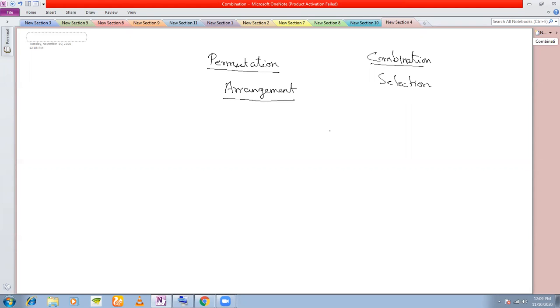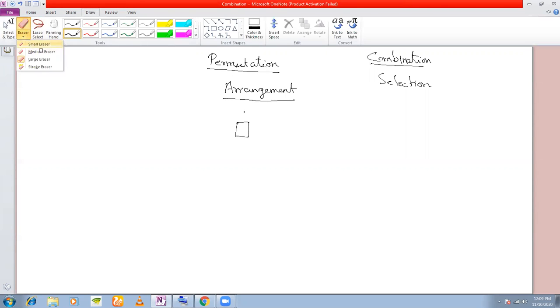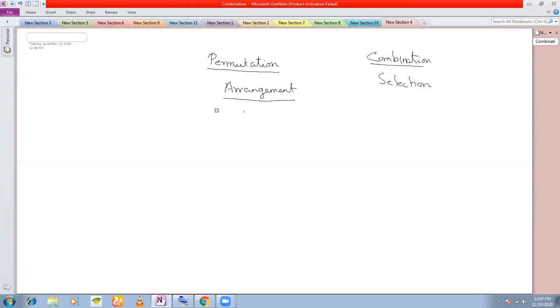First of all, suppose you three students are there. Let me denote you by D. Okay, so you are D, Tanisha is T, and Sumit is S. Three students. And you have two chairs.